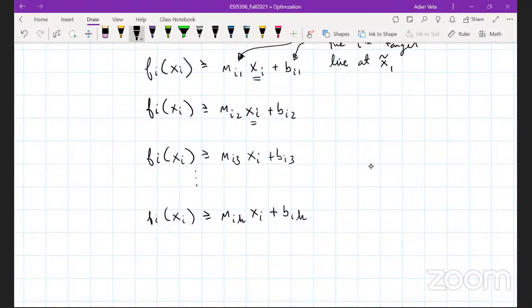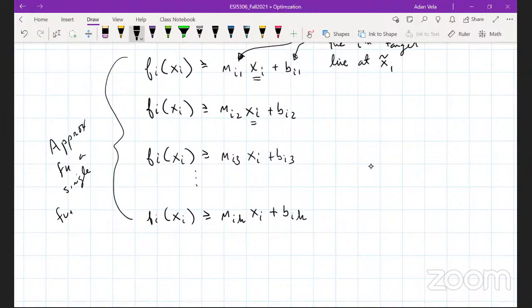All right, where does this take us? Well, we have this general structure now of approximating a single separable function fi of xi.